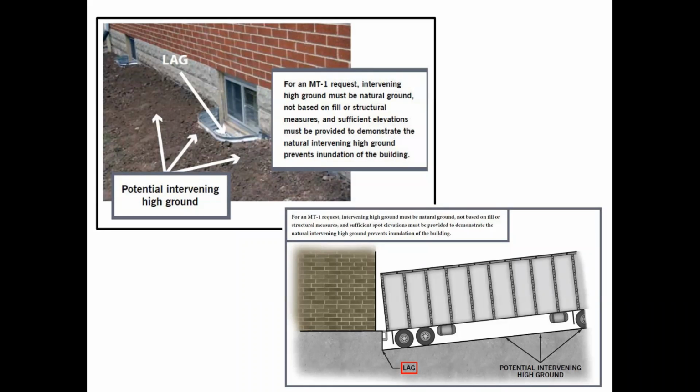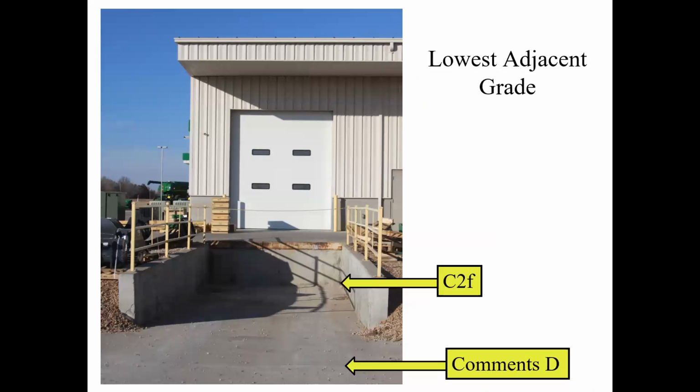The reviewers do make a distinction between the natural grade and the concrete. They might not consider concrete covered ground as potentially intervening higher ground. That's more likely to happen with actual grade. So C2F is there, lowest adjacent grade, and then the comment section should explain the intervening higher ground. It might work for Aloma potentially.